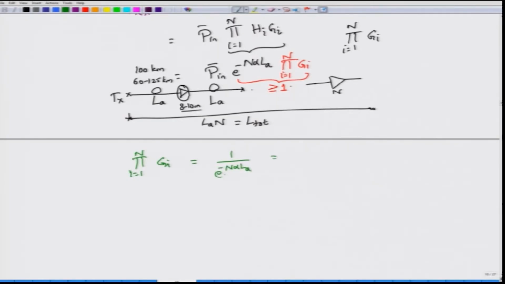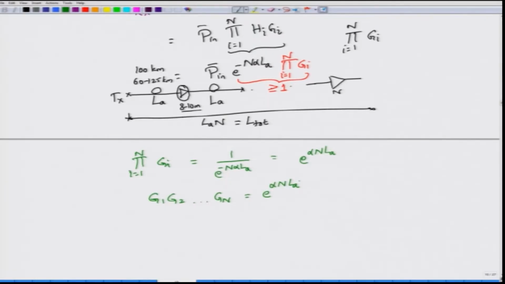But 1 by exponential of minus x is nothing but exponential of x. So you just pull this up to the numerator side, and you get e to the power alpha n LA. There are n factors here, G1, G2 all the way up to Gn. This should be equal to e to the power alpha n LA.